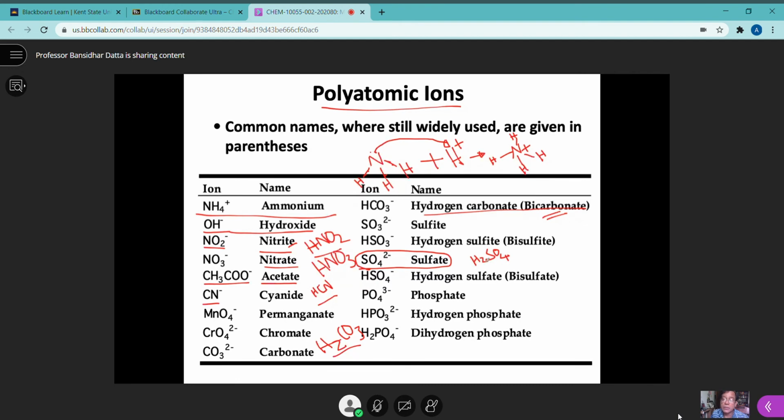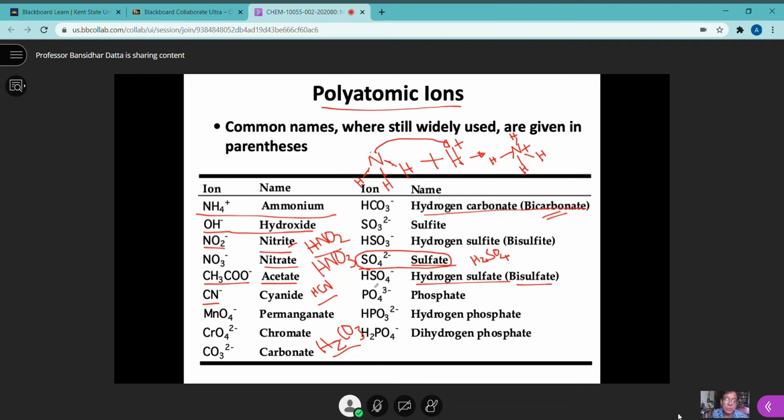If you take the two protons off, you get SO4 2 minus, the sulfate ion. If you remove only one hydrogen, then one hydrogen is still there, and it will be HSO4 minus, called hydrogen sulfate or bisulfate. It's not that important, but one should know.